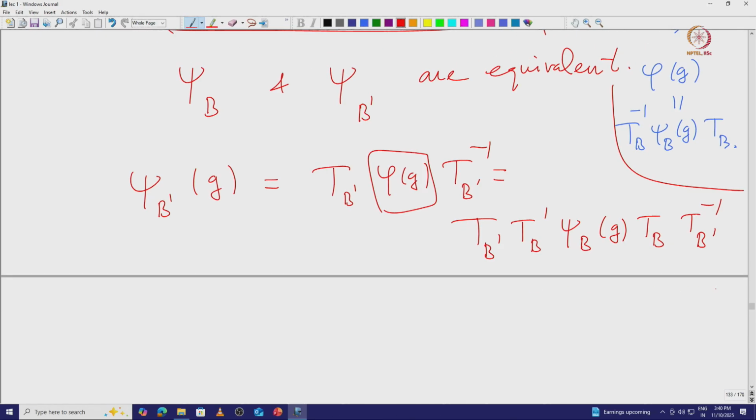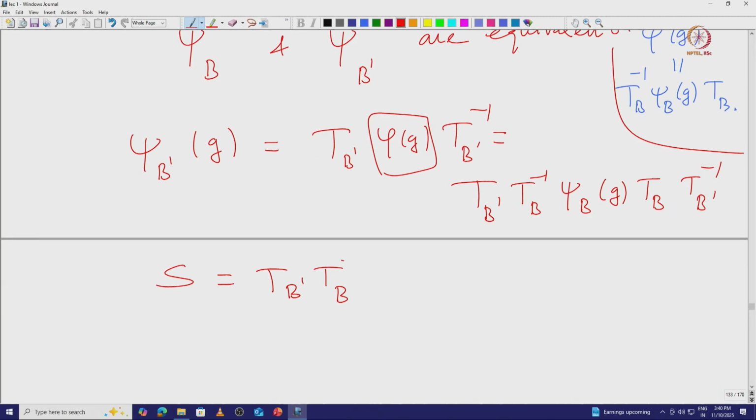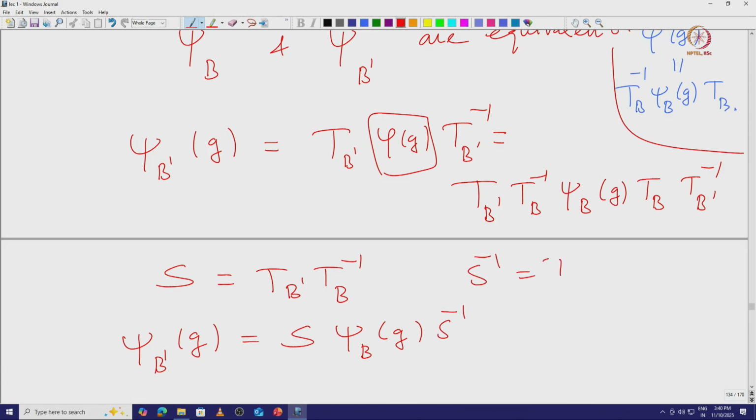So basically if we take this capital S to be T b dash T b inverse, then xi b dash of g is exactly equal to S xi b of g and then S inverse. So S inverse is T b and then T b dash inverse.